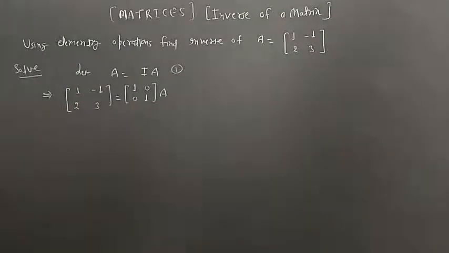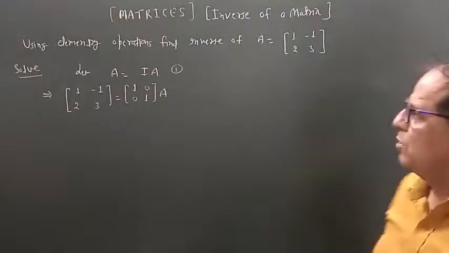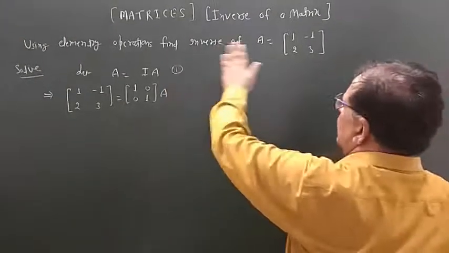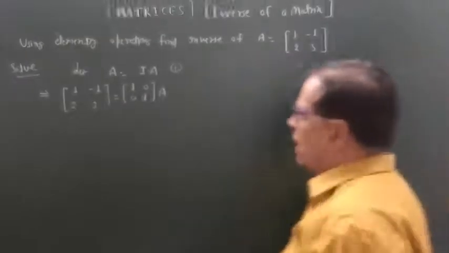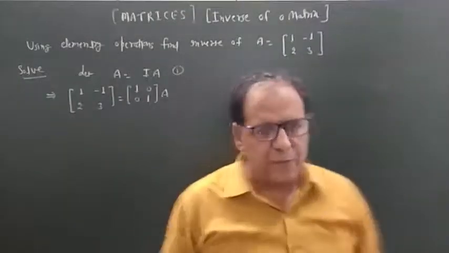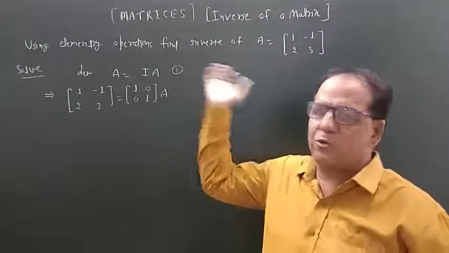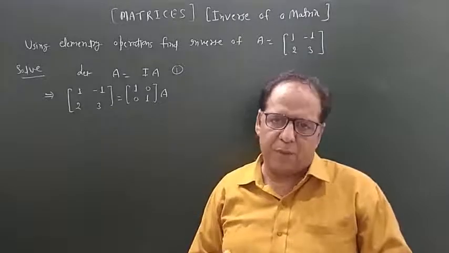Now I am taking a problem based on the inverse of a matrix by using elementary row operation. So using elementary operation, find the inverse of A equal to [1 -1; 2 3]. This is a square matrix. We have two types of processes for solving this type of question: one is the row operation method and second is the column operation method.